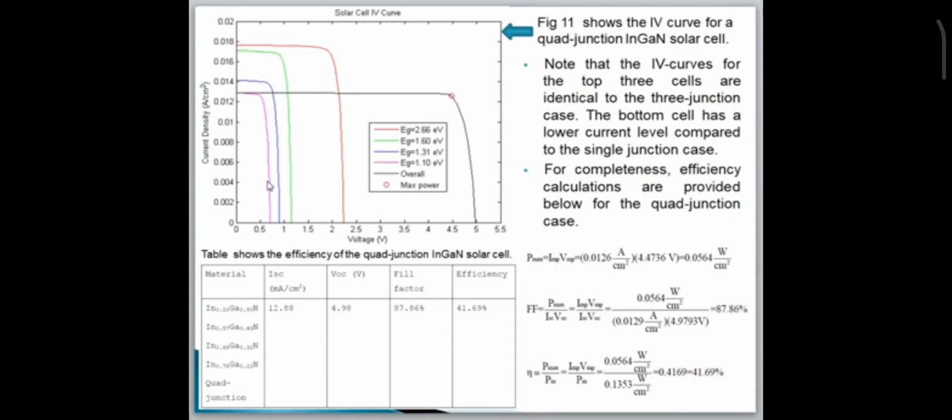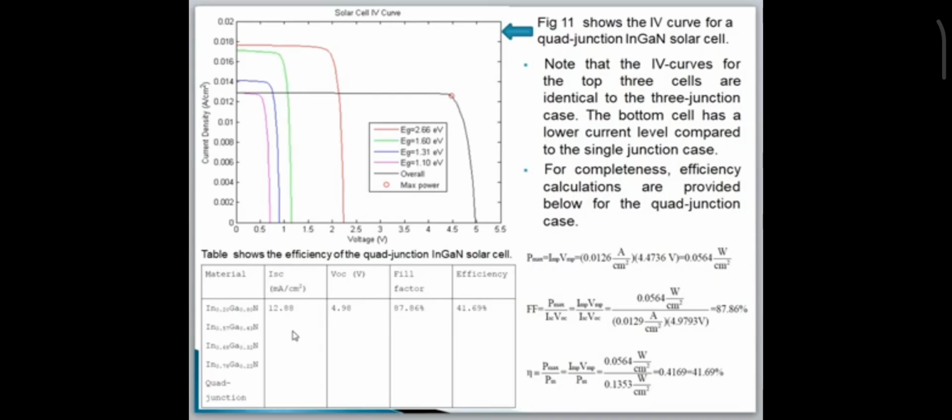The overall 4-junction solar cell has the characteristic of this black one, and this red point gives the maximum power point, VMP and IMP, to find the fill factor and the efficiency.